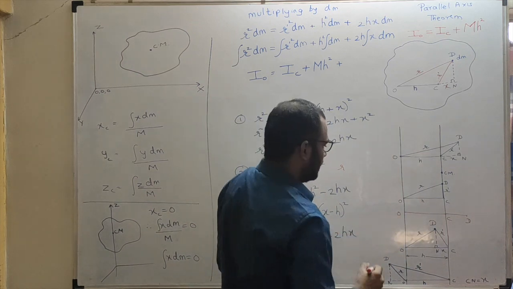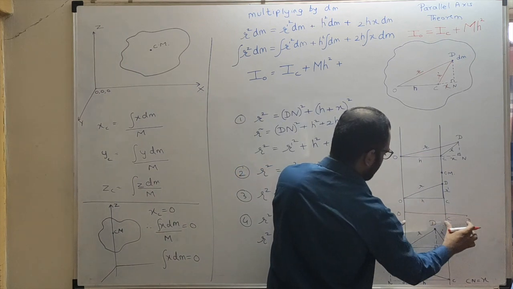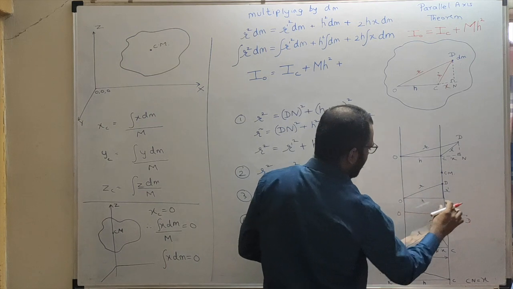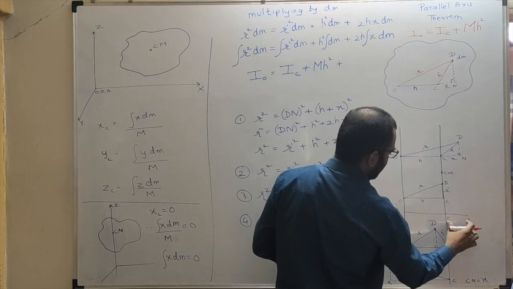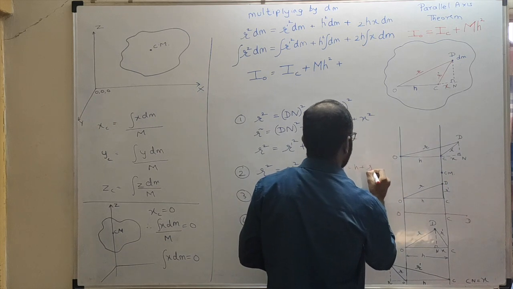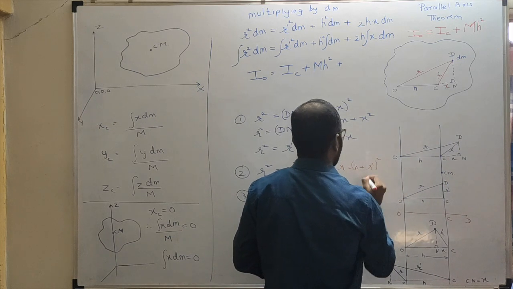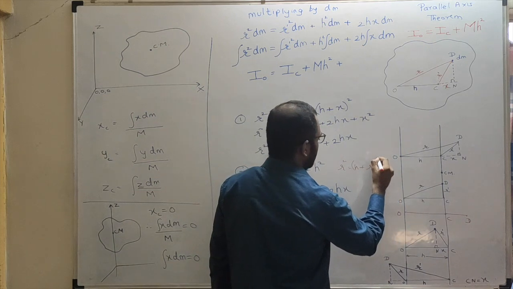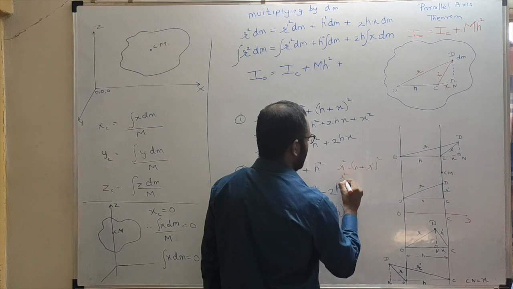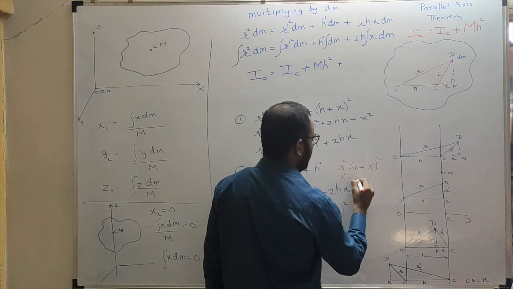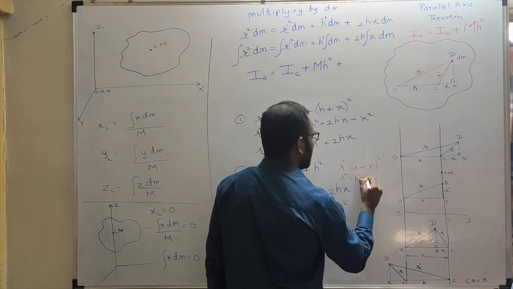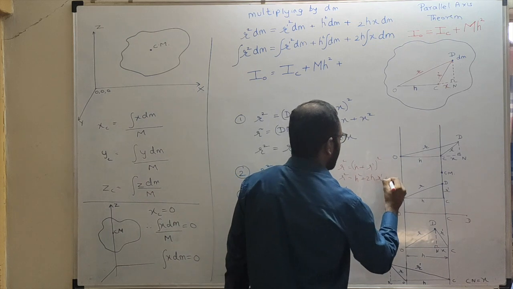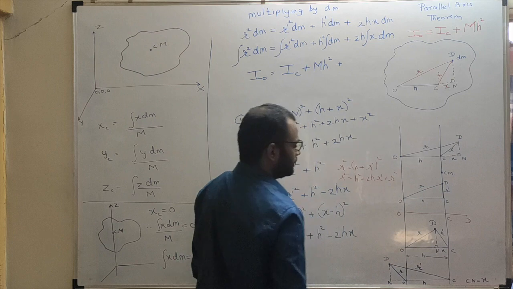Entire OD is nothing but R. Now OD is nothing but equal to H plus CD, and CD is nothing but R dash. So R is H plus R dash. So if I square on both sides and open the bracket, R square will be H square plus twice H R dash plus R dash square.